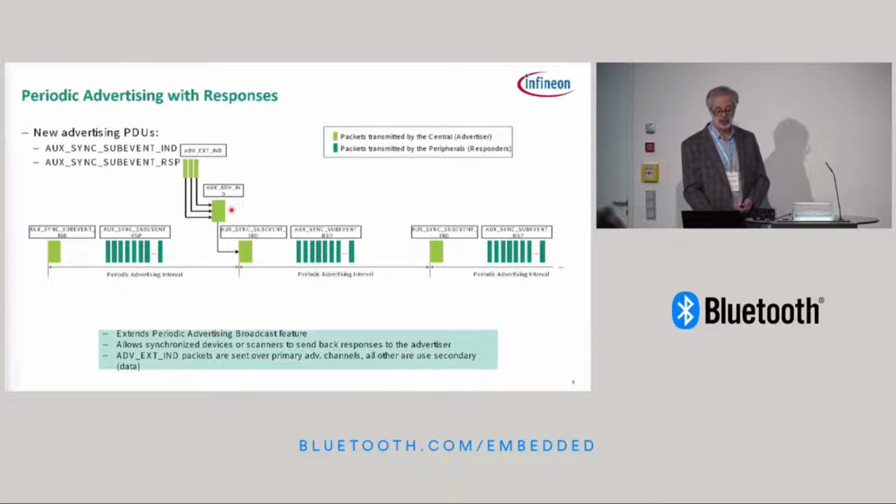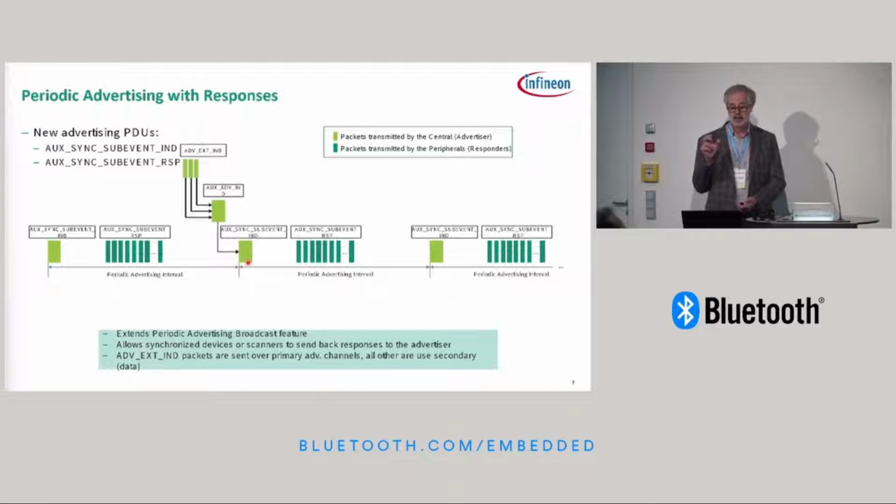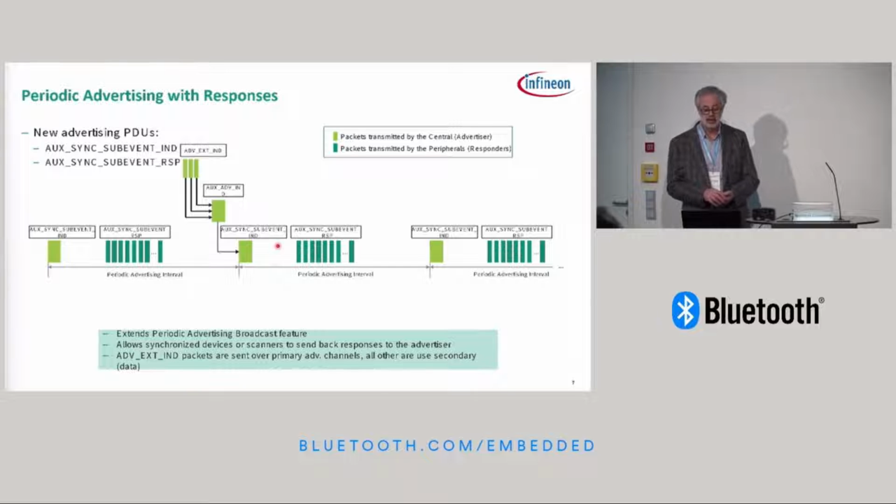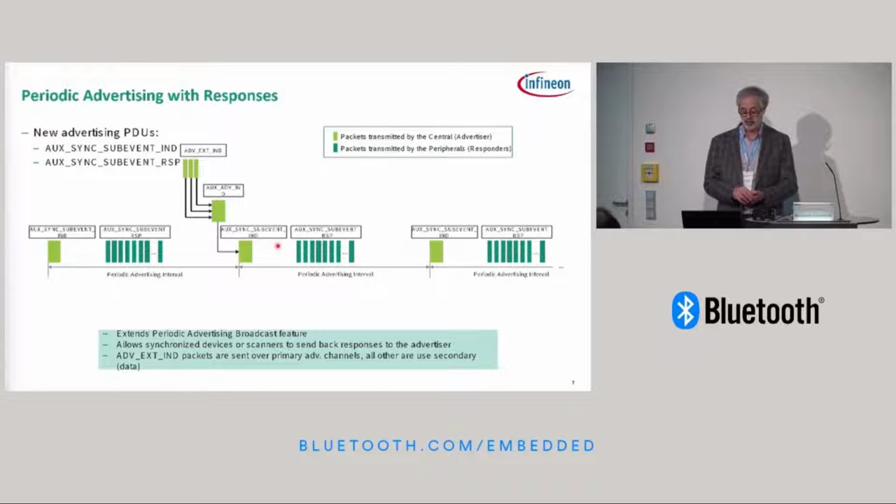It needs to point to the packet to listen to, to sync to the broadcast, and in addition, it will say this is the periodic advertising interval, and there are response slots: the number of response slots, the delay before the first slot, and whatever other information can be used by the responder.